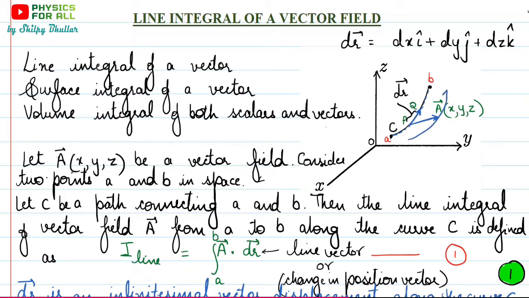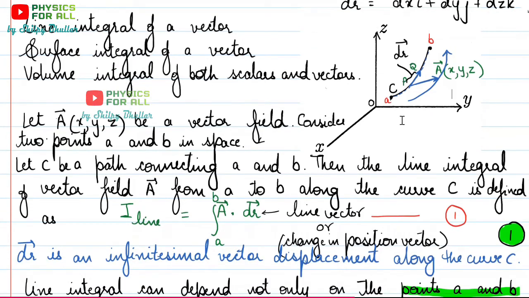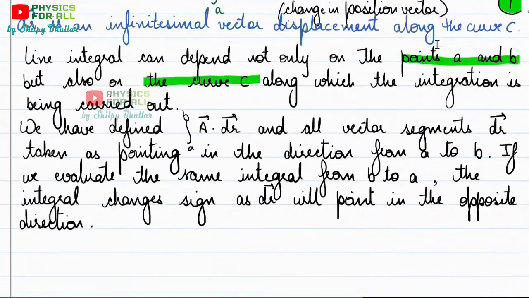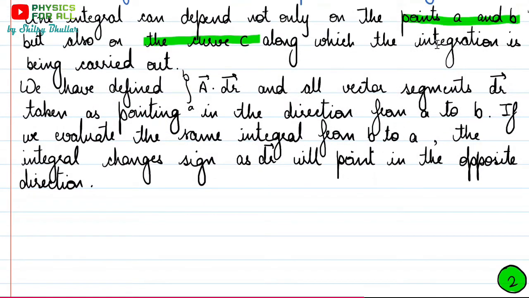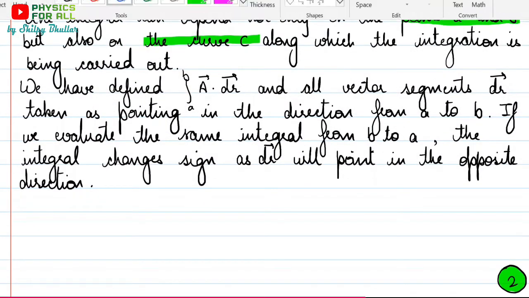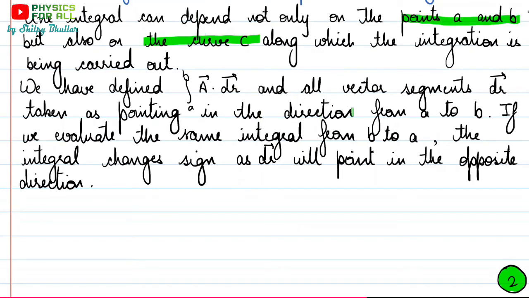It is going like this, from A to B. So all the infinitesimal vector displacements dr that we have considered are pointing in direction A to B. See, the arrow of this vector is pointing toward B. Here the arrow is pointing towards B. So here they are all pointing in direction A to B.